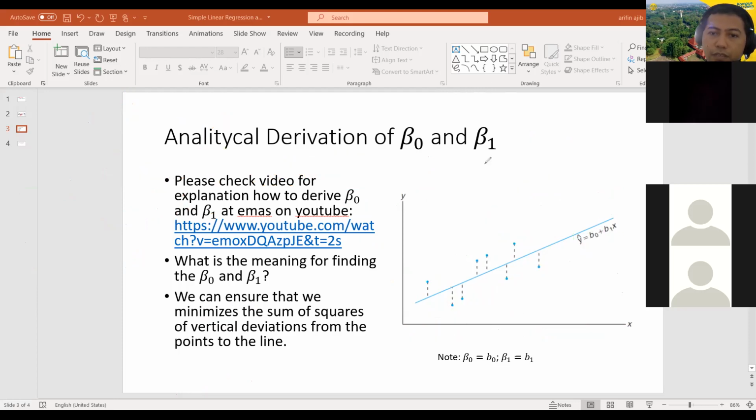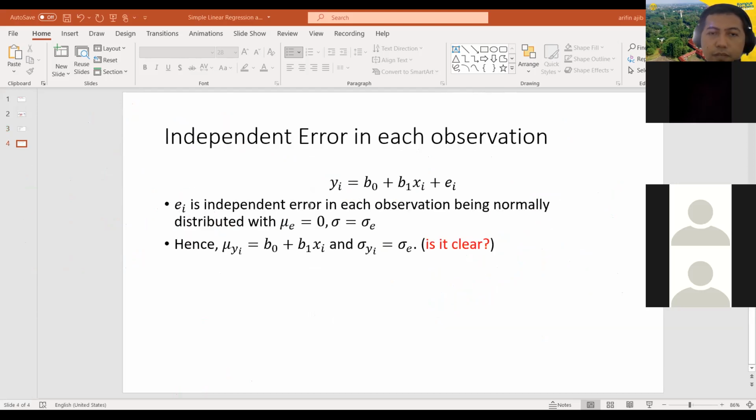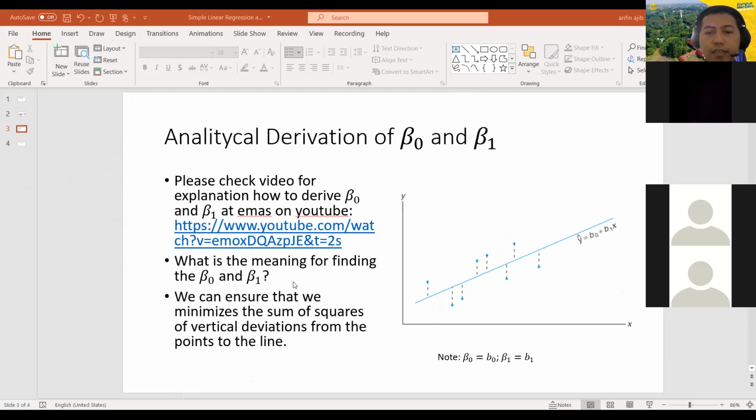Okay, if no, we continue. Until this point, we arrive at maybe intermediate conclusions, kesimpulan sementara bahwa menggunakan metode using least square estimations, we arrive at the optimal estimator.